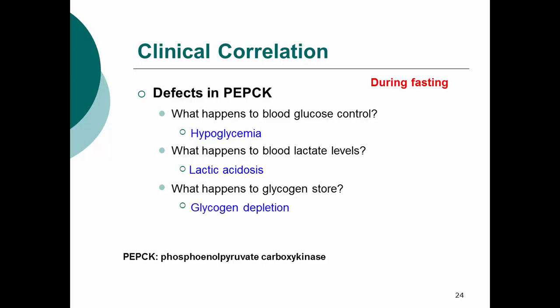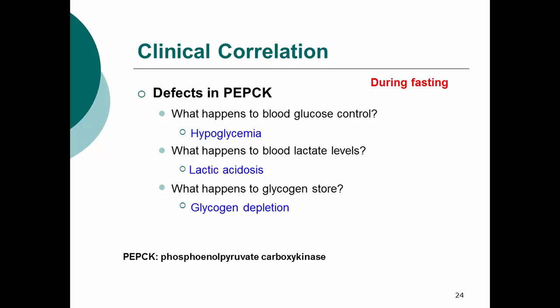Because glycogen is overused in the patient, trying to provide more glucose from a different source, the glycogen will be broken down to release glucose to try to compensate for the defects in the gluconeogenesis.